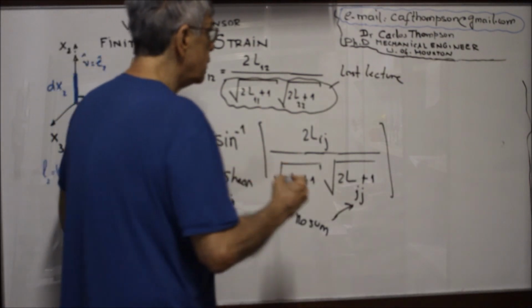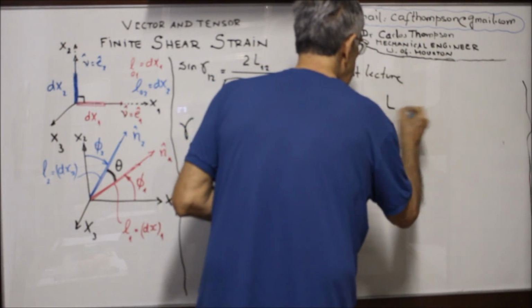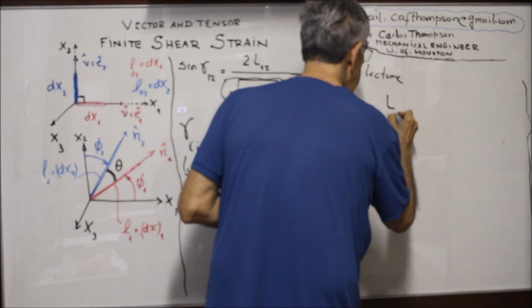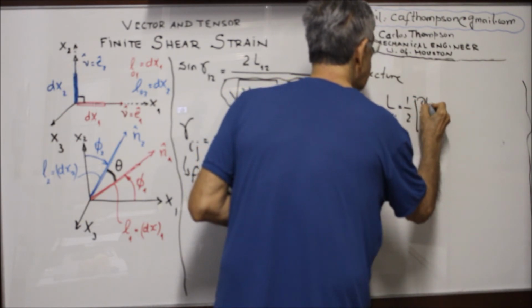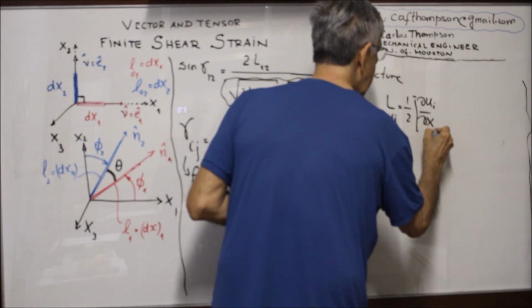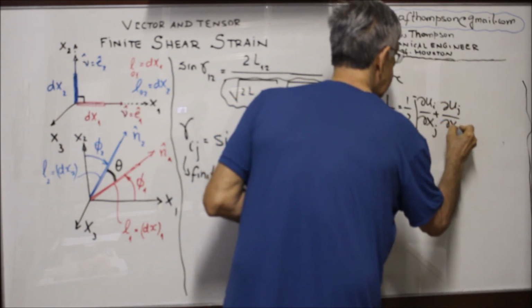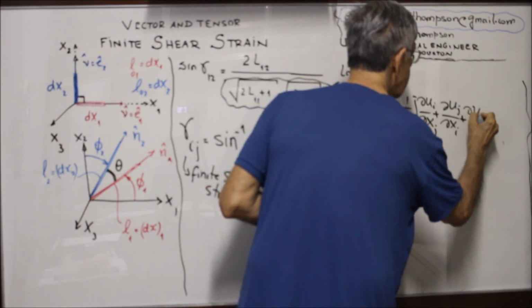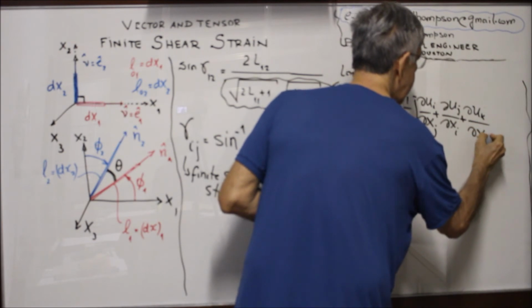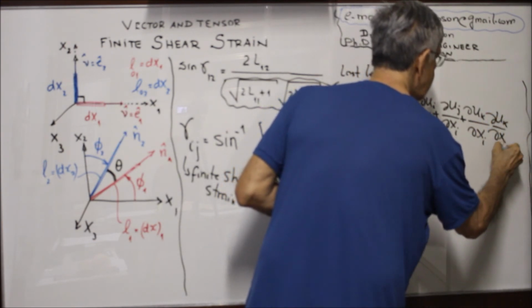And don't forget that Lij, in this case, let's put Lij is equal to 1/2 times partial of Ui with respect to capital Xj, plus partial of Uj with respect to capital Xi, plus now the nonlinear term, partial of Uk with respect to Xi times partial of Uk with respect to Xj.